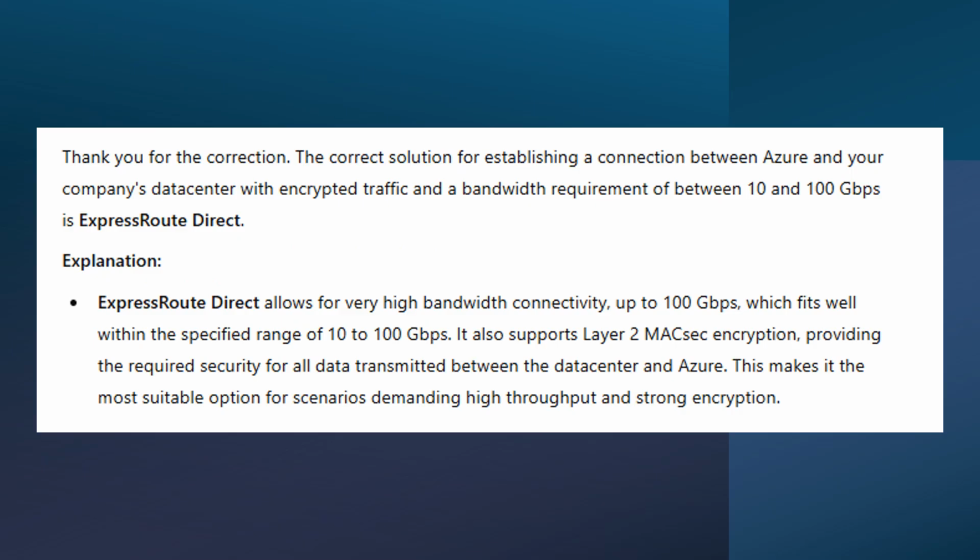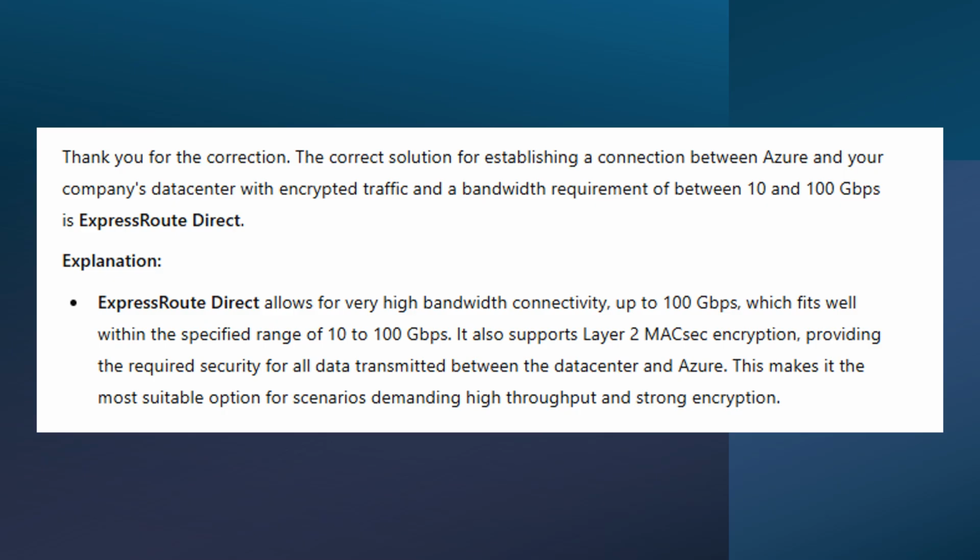The correct solution for establishing a connection between Azure and your company's data center with encrypted traffic and a bandwidth requirement of between 10 and 100 gigabits per second is ExpressRoute Direct. ExpressRoute Direct allows for very high bandwidth connectivity up to 100 gigabits per second, which fits well with the specified range of 10 to 100 gigabits per second.